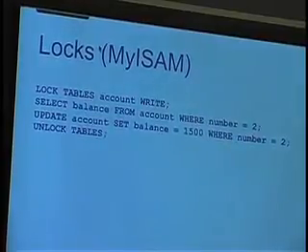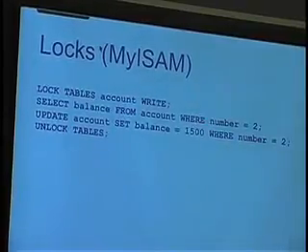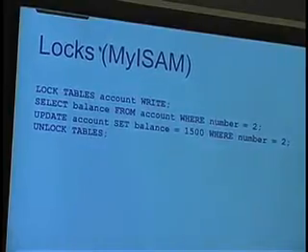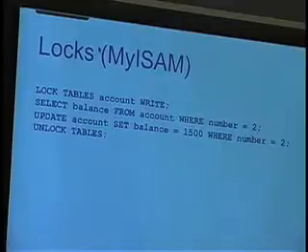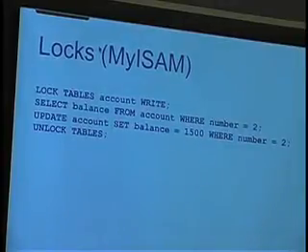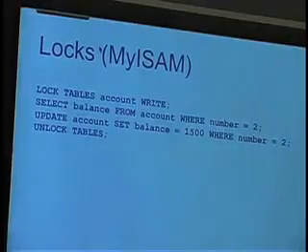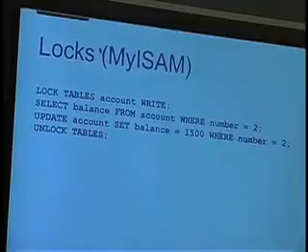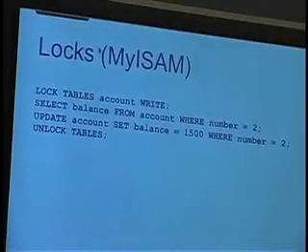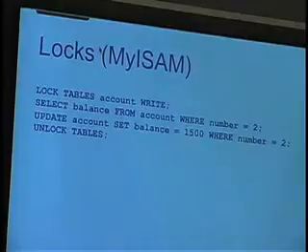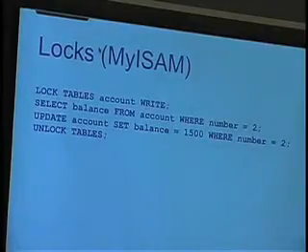Well, now go ahead and update the table, setting the account balance equal to 1,500, where that user's account number is 2. So in other words, the risk in this situation is that I'm doing a select, much like the roommate opened the fridge to check. Then I'm doing something else. And you don't want anything to interrupt these two statements because the second one, the update, depends on the first one.